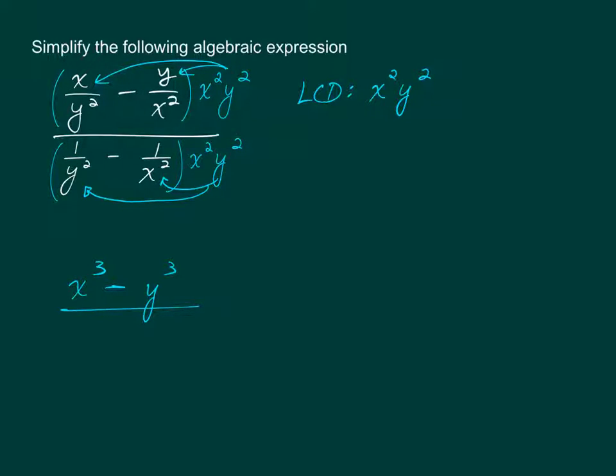Now in the denominator of the big fraction, when you multiply this times this fraction, the y squareds will cancel, leaving you with an x squared times 1, which is just x squared. And when you multiply this to this fraction here, the x squareds will cancel, leaving you with 1 times y squared, which is just y squared, and it's still separated by a subtraction. So finding an LCD and multiplying by it got rid of all these tiny little fractions, but you can see we still have one fraction to work with.